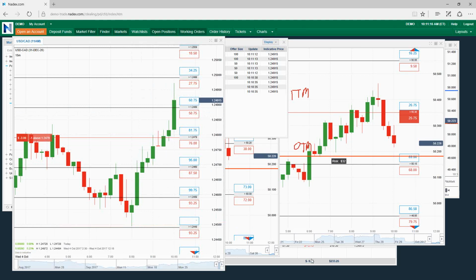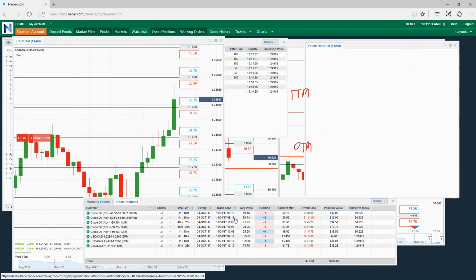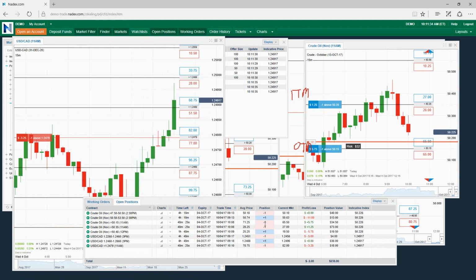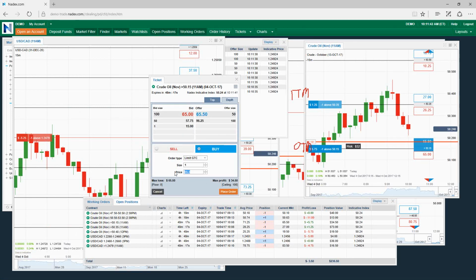So now we have several positions on. Do y'all see that? Now, the one thing that I do suggest you always do is go in and set a profit target, because sometimes these will move very quickly. Now, in this case, I know I'm short because it's -1. So I'm just going to go in and set a $15 target. Okay?